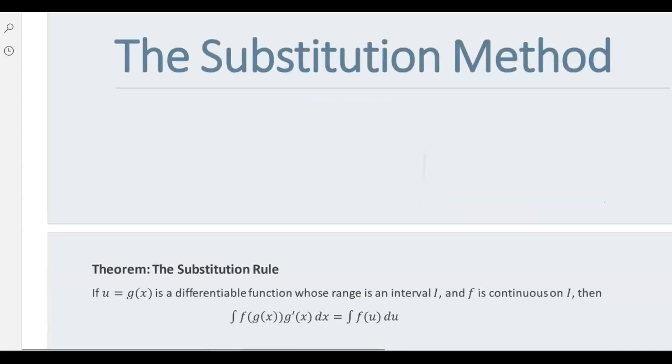In this video, we're going to look at the substitution method, which allows us to integrate more complicated functions where we've got a special case of a function and its derivative both included within an integral.